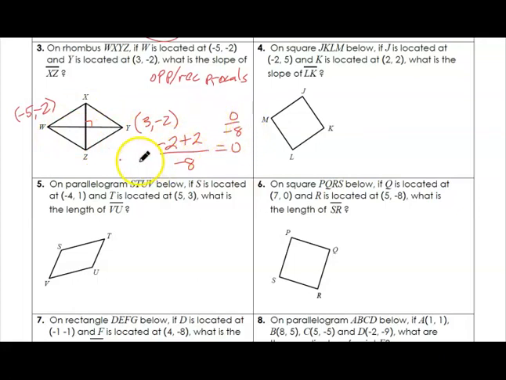Well, the opposite reciprocal of that would be 8 over 0, and you can't divide by 0. Another way of looking at this is completely vertical lines have a slope that is undefined. Division by 0 is undefined, and all completely vertical lines have a slope that is undefined for that reason. So our answer for this problem is undefined slope.